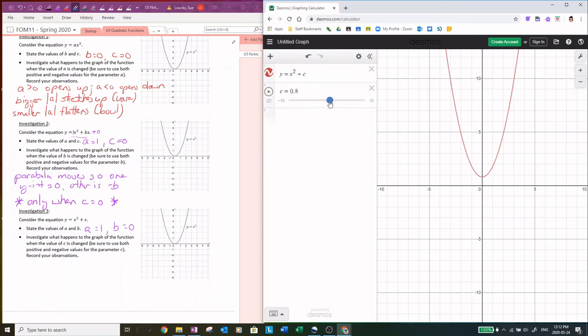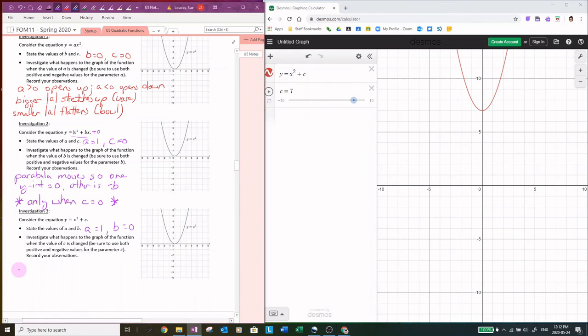And specifically, the y-intercept is C. So here C is 3 and our y-intercept is 3. If we move this up to 6.8 or 7, the y-intercept is 7. Okay, so the y-intercept equals C. And that's actually always true.